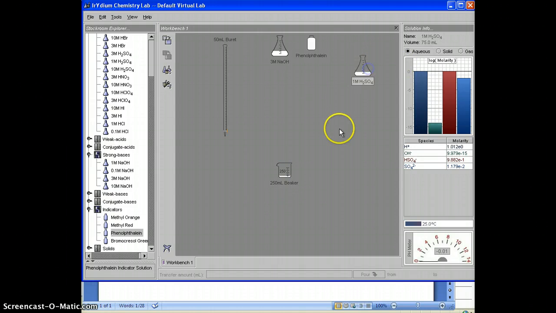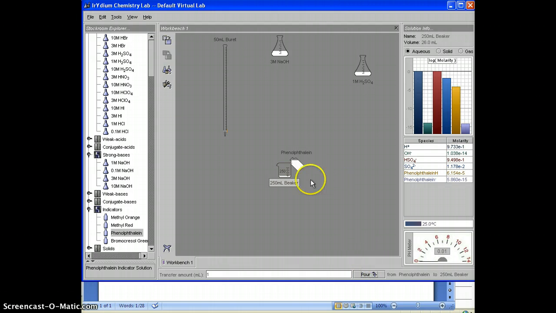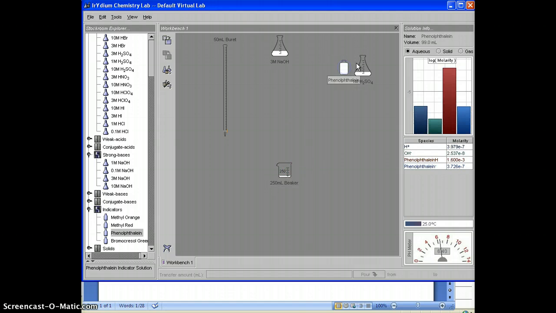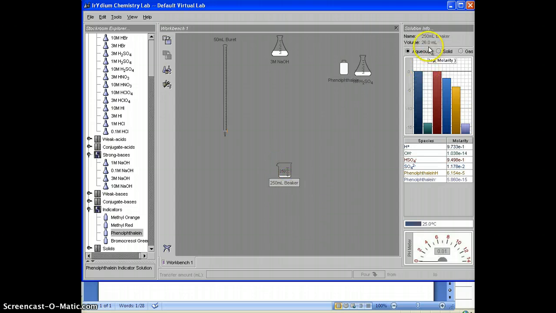I'm going to take away the H2SO4, and now I'm going to add a drop of phenolphthalein, just 1 ml. Because it's an indicator, just 1 ml, and that should take the volume to 26 ml.